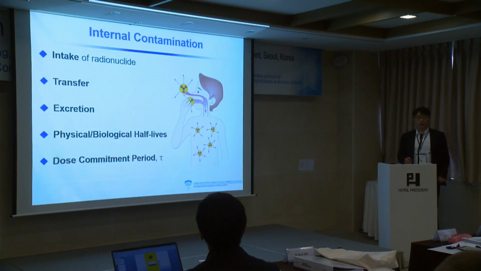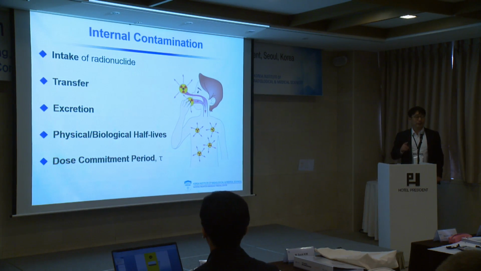And you have to know these concepts of internal contamination. The first step is the intake of the radionuclide into the body. Intake means the amount of radioactivity which entered into the body. So you have to know the intake.